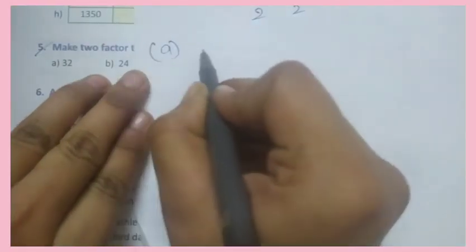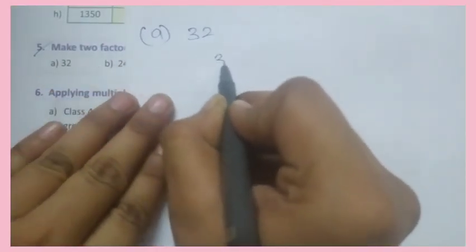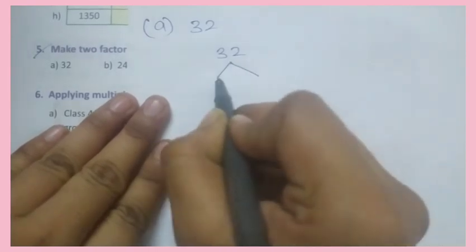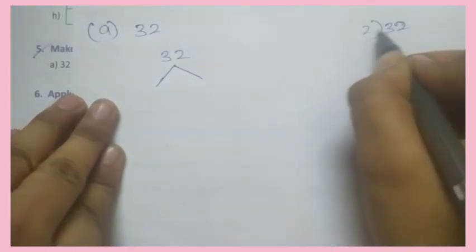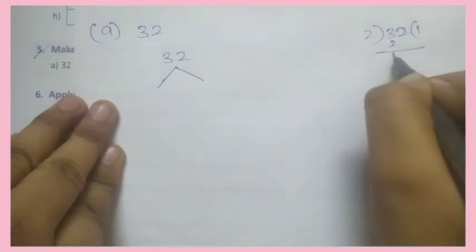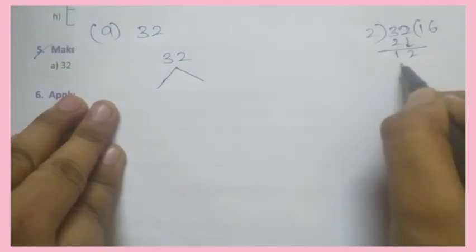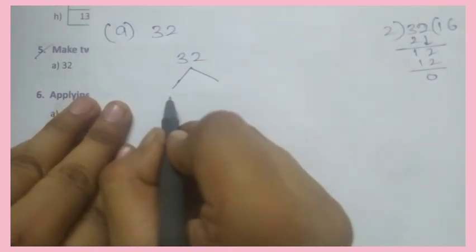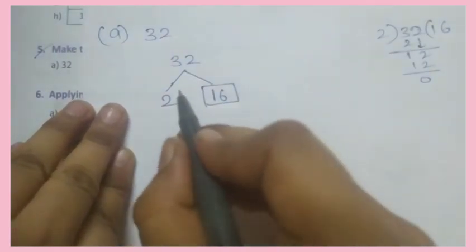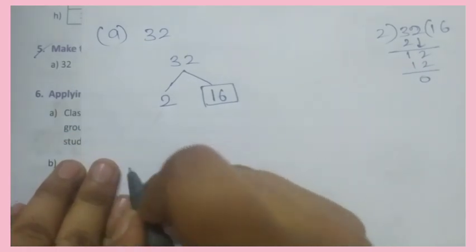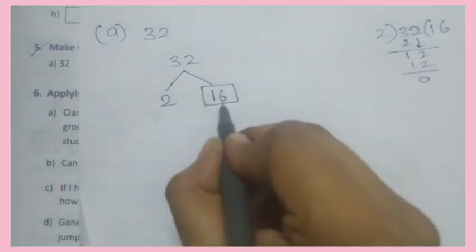I will explain A. 32 is given. 32 in 2 table we will get 32. Do division: 2 ones are 2, 2 6s are 12. So 2 16s are 32. 2 we cannot split again, but we can split 16.